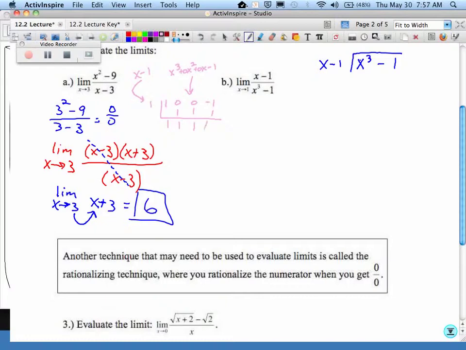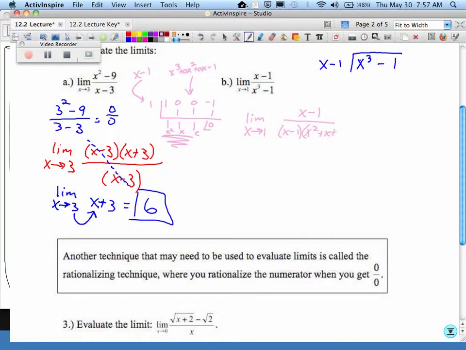So what this tells me is that x minus 1 is a factor of that x cubed minus 1 on the bottom. And this right here, remember, is the constant, x, x squared. So x squared plus x plus 1.